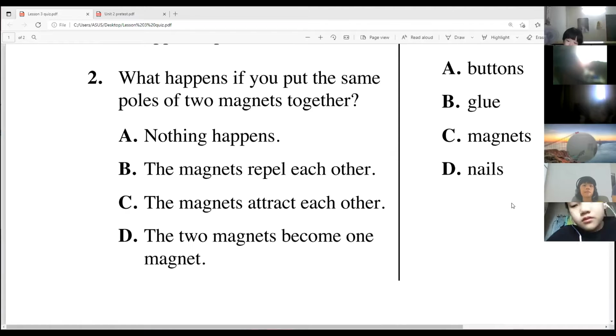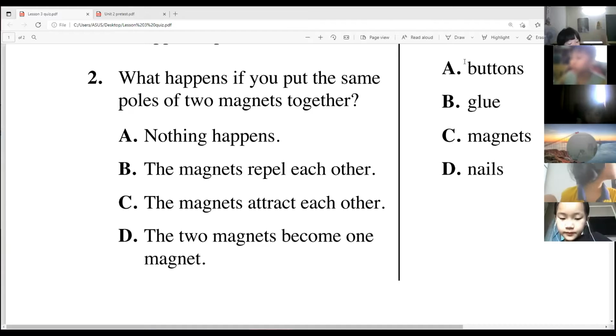Number two, Jack Fu, can you read number two for everyone? What happens if we put the same two magnets together? Okay, Jack Fu, what do you think happens when you put two magnets with the same poles together?